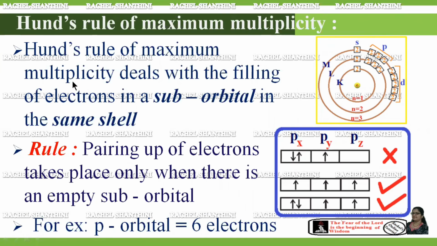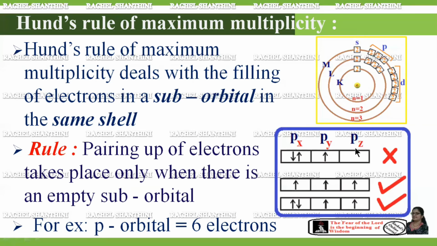Hund's rule of maximum multiplicity deals with the filling of electrons in a suborbital in the same shell. For example, let us consider the degenerate p suborbitals in the same shell, that is the L shell. What is the meaning of degenerate p orbital?